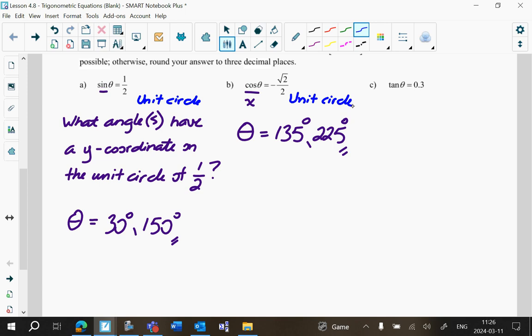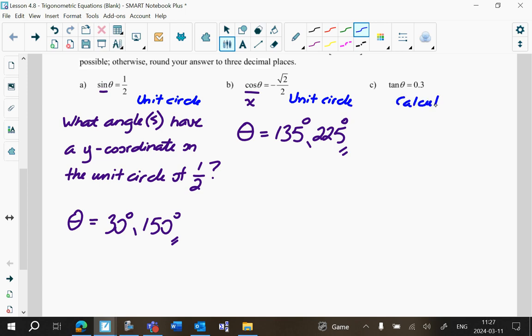This next one, we've got a little bit of a problem because 0.3 is the same as the fraction 3/10. Is that a value on our unit circle? No. So we need a different method, and how we do this is we're going to have to use a calculator.